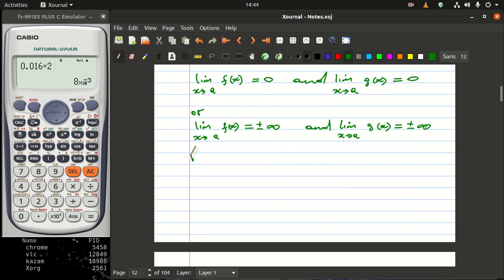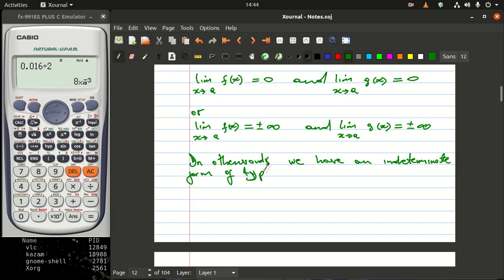In other words, we have an indeterminate form of type 0 over 0 or infinity over infinity.